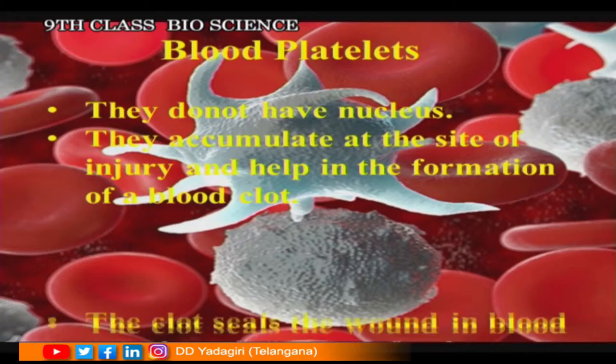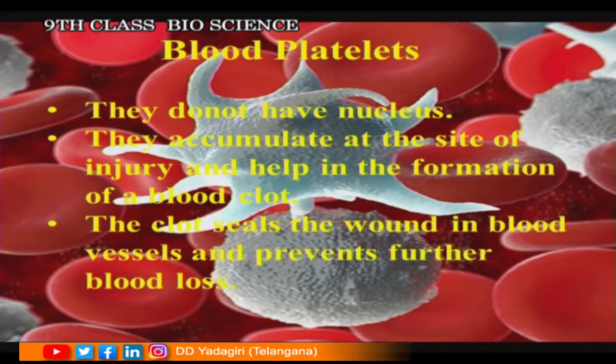If you get hurt and start bleeding, suddenly after some time you can see the blood flow will stop. And after it gets dried up, you can see a black color chip coming out from the wound. What is it? It is due to blood platelets. These blood platelets help in the blood clot and prevent blood loss.